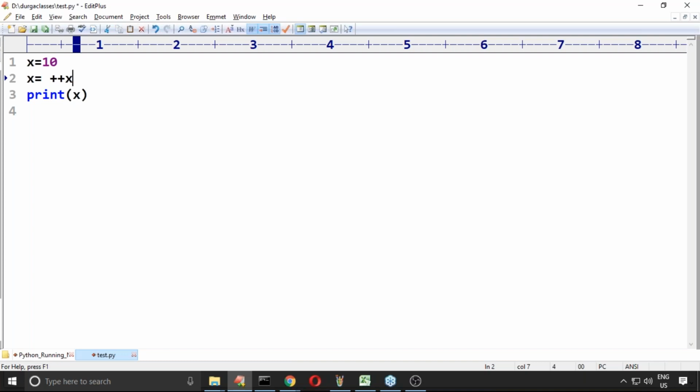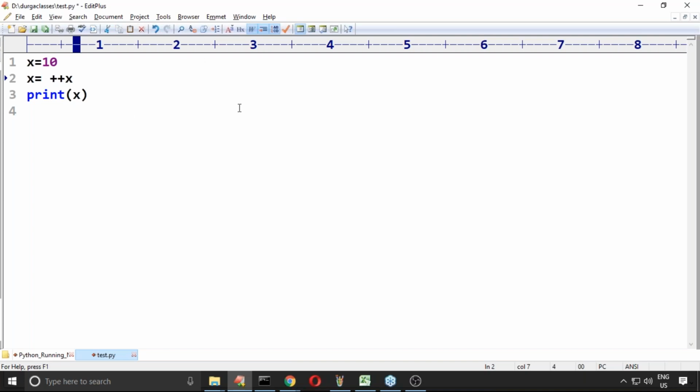Increment and decrement operator I'm trying to use, so what is the answer? We never get 11, because we are not performing increment, because there is no such type of operator, right? Pre-increment, post-increment is not there. Still it is valid. How is it valid, sir?